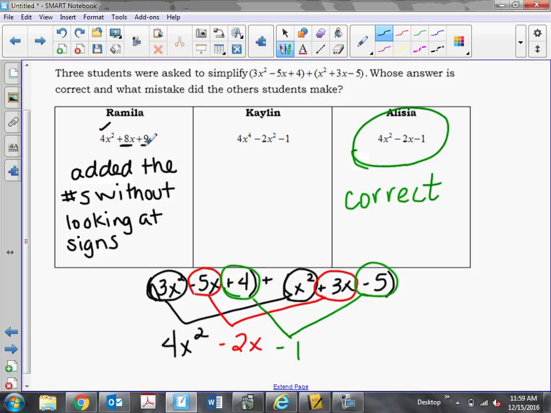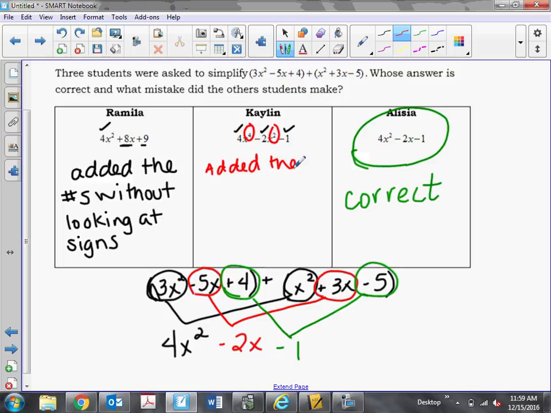So now let's look at Kaylin. Well, Kaylin, at first glance, looks like she might have done it correct. Because see how she got the 4, the negative 2, and the negative 1? That's exactly the same as what we got. However, she got an exponent of 4 here, and she got an exponent of 2 here, which is not correct. So what she did wrong was she added the exponents.